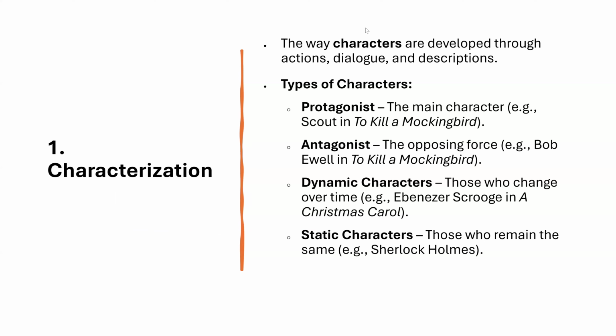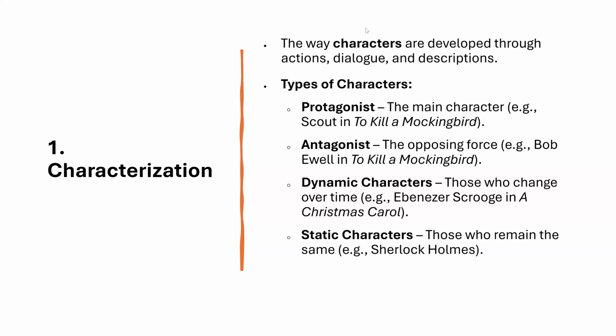We have something called characterization, and that basically talks about how characters are developed through actions, dialogue, and description. So, what types of characters exist? We have the protagonist, we have the antagonist, we have the dynamic characters.